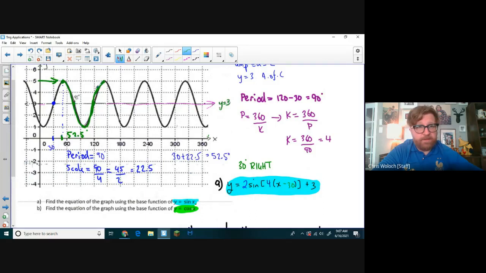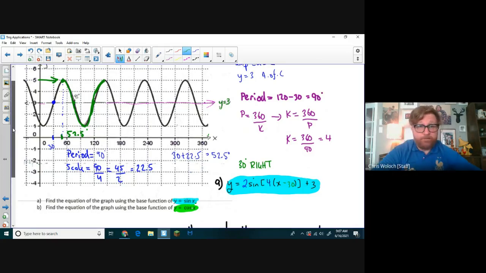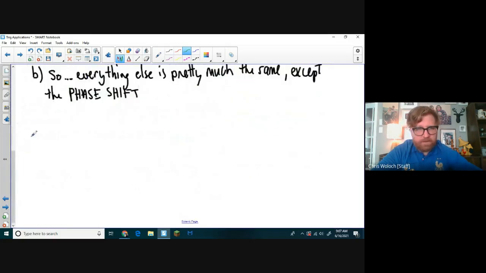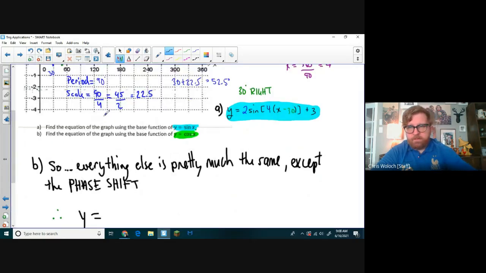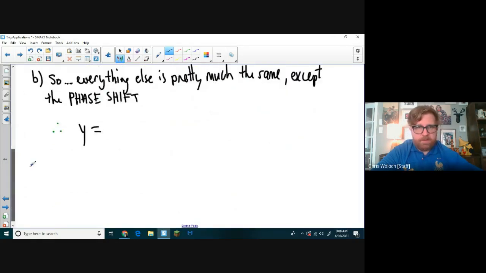No, it's right side up, it's fine. So that means that for this graph, the a value isn't going to be negative. So let's do it. y equals, so remember, everything else is going to be the same as the graph up here, the only thing that's going to change is the shift. So we're going to have 2 cos 4, right?